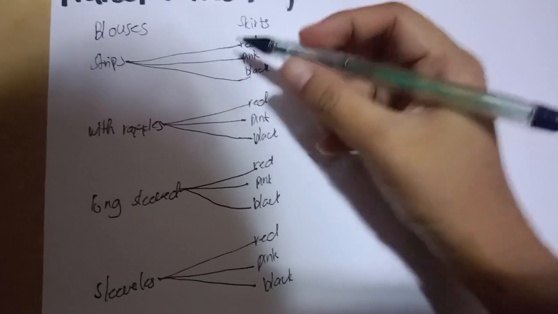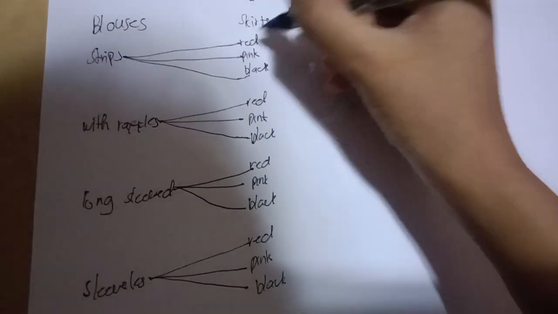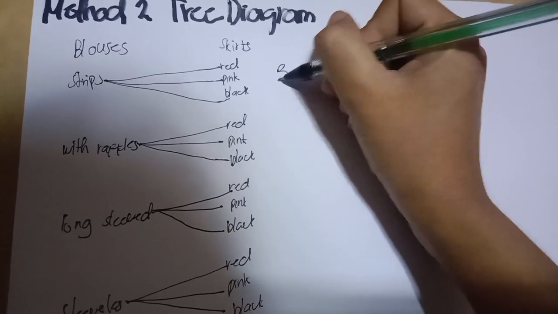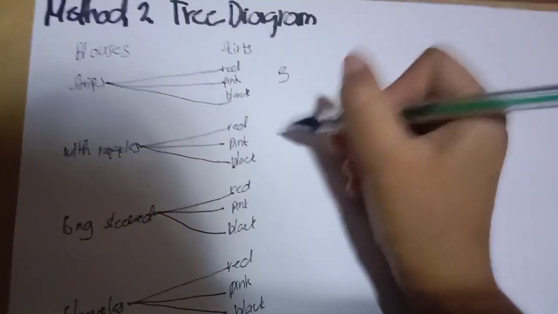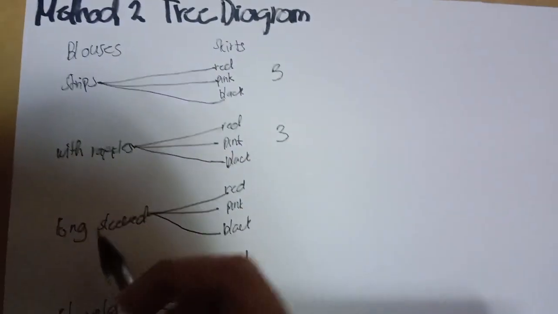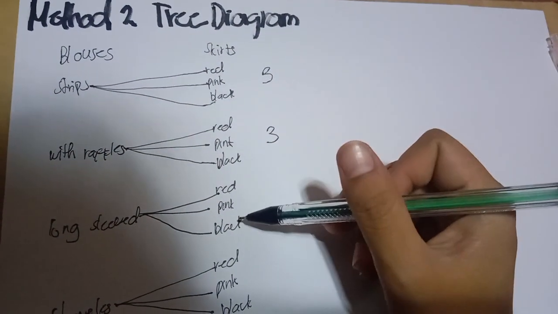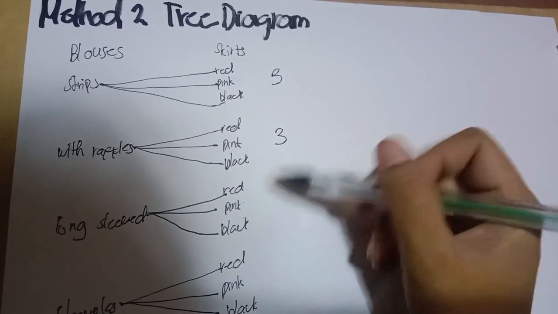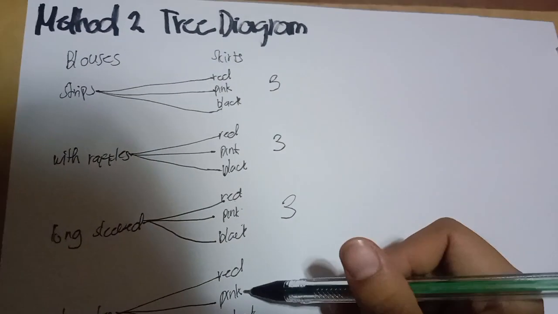So now we have three pairs for the stripes. With ruffles, it has 3 pairs of skirts. Long sleeve is paired with 3 skirts, the colors red, pink, and black. Sleeveless is paired with 3 skirts.